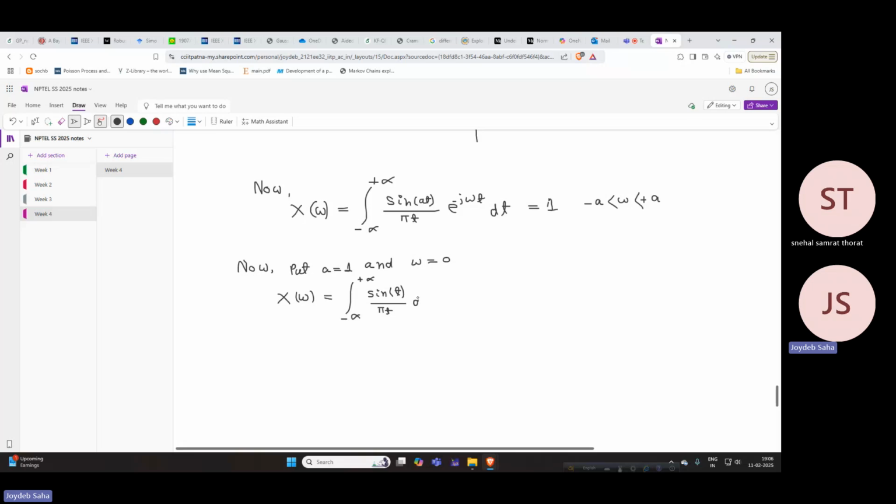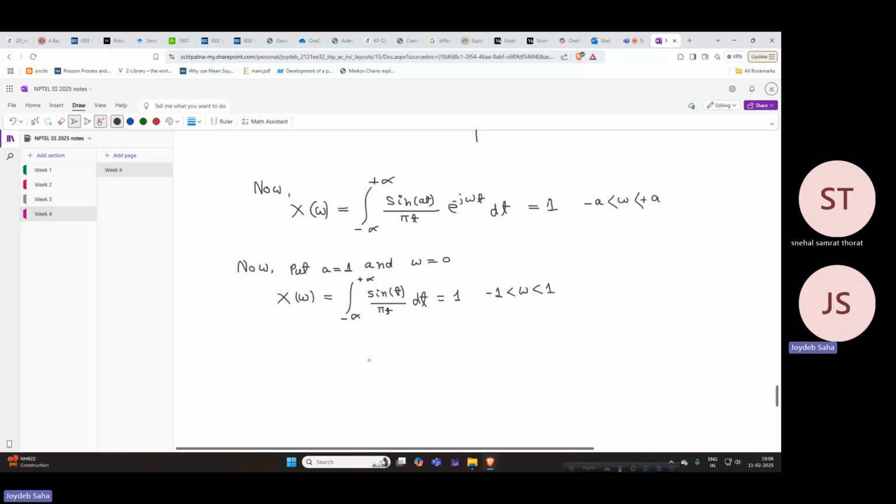So we will get dt is equal to 1 for minus 1 less than omega less than 1, because we have put a is equal to 1. So we are getting this.